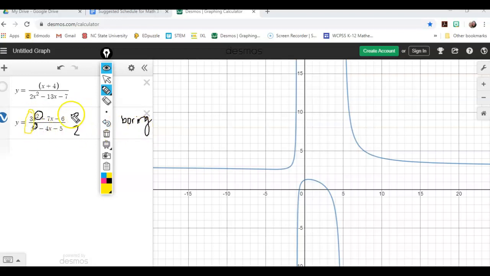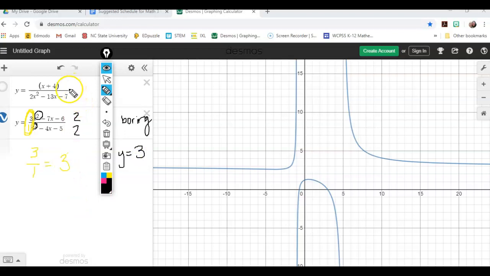So when the degree on the top is the same as the degree on the bottom, they're both to the exact same power, and they're just going to cancel each other out. That means the ends of the graph are going to start approaching these leading coefficients. Notice the leading coefficient here for the top was 3, and the leading coefficient for the bottom was 1. So 3 divided by 1 is equal to 3. And that's why the horizontal asymptote ended up being y equals 3.